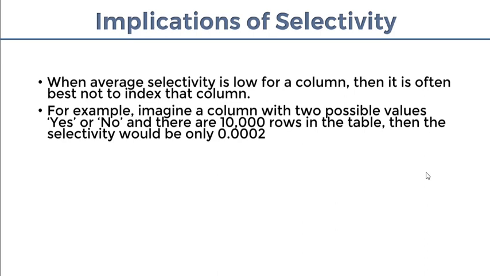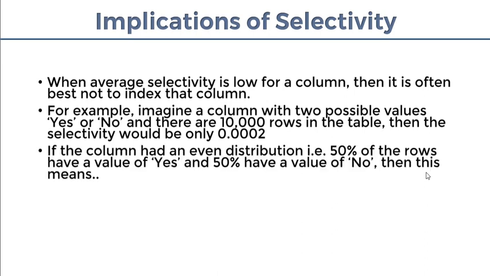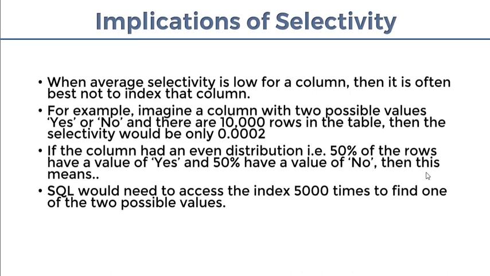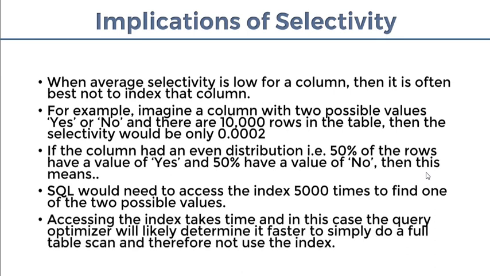If the column had an even distribution, 50% of the rows with one value and 50% with the other, this means SQL would need to access the index 5,000 times to find one of the two possible values, right?